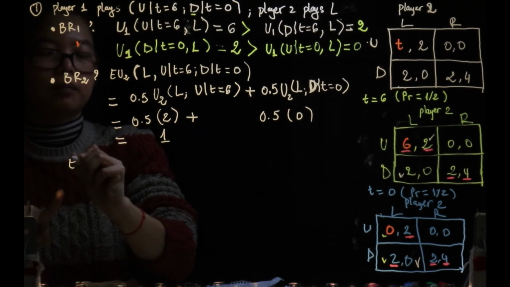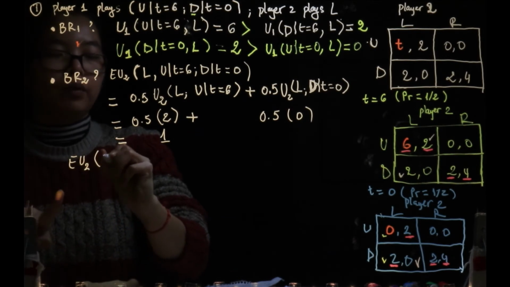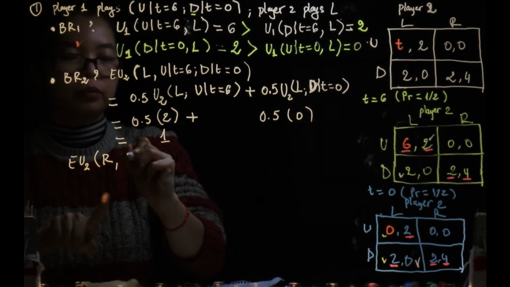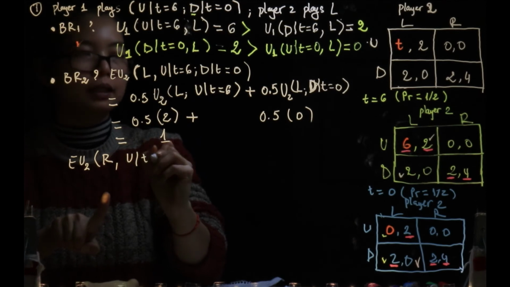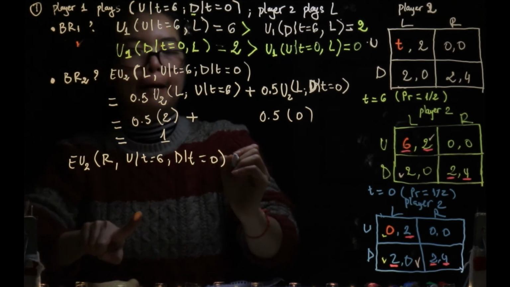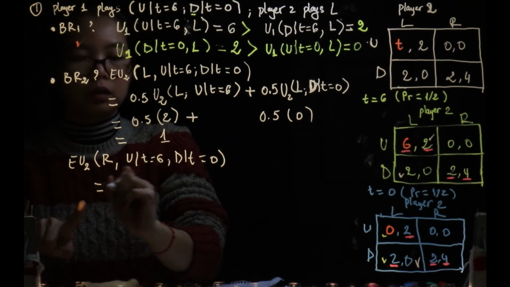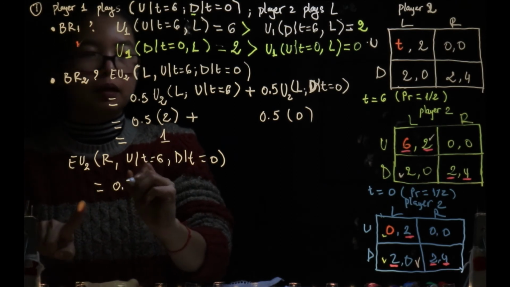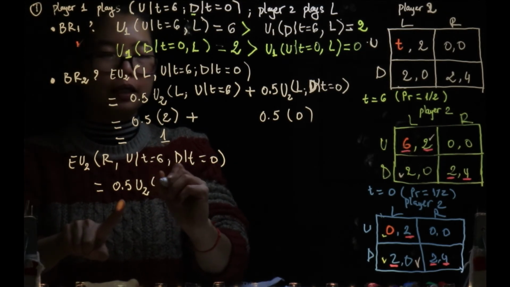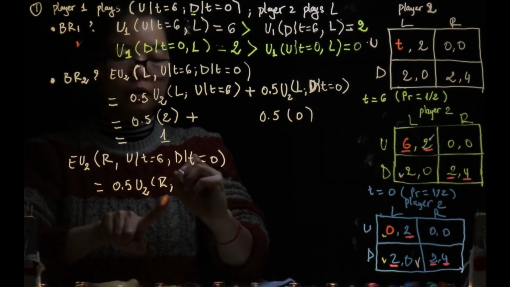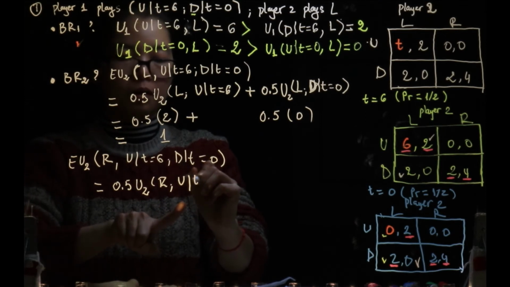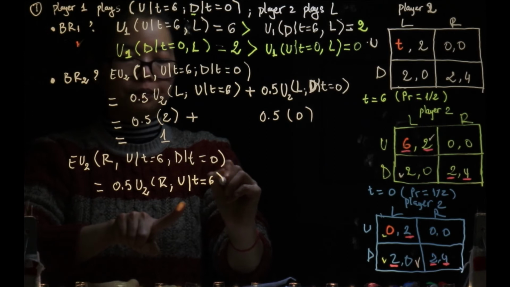So the expected payoff of player 2 when he plays right, fixing the strategy of the first player the same, meaning up when t is 6 and down when t is 0, again equals the probability that t is 6 times his payoff when he plays right and player 1 plays up when t is 6, okay?